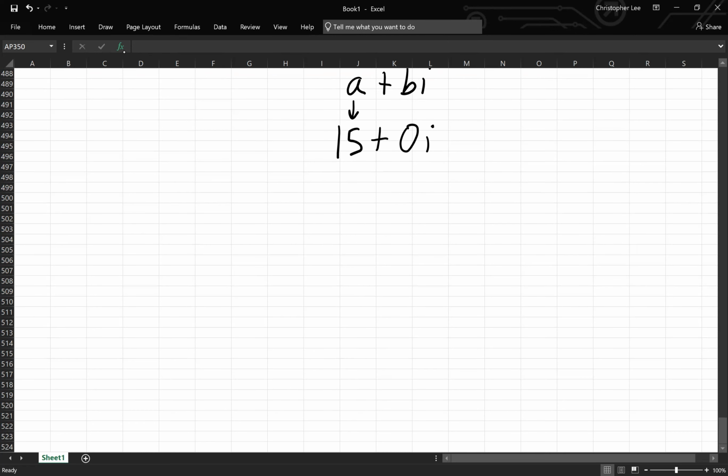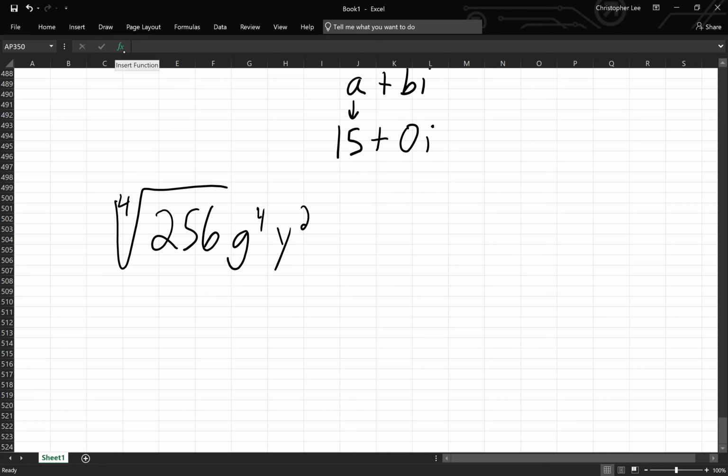Or like the fourth root. Okay. So is this it?